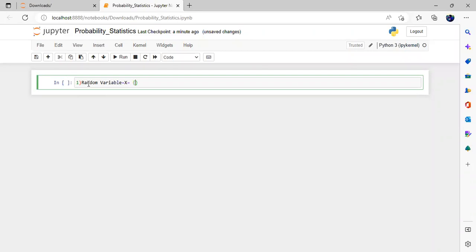Yes, ma'am. So for example, this is our random variable. We are taking the example of dice.